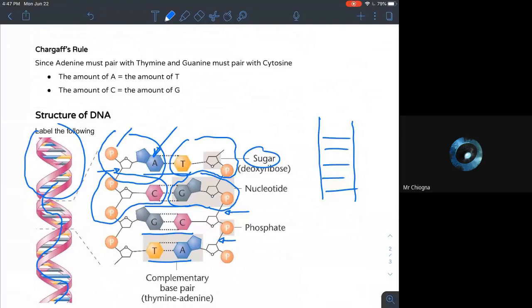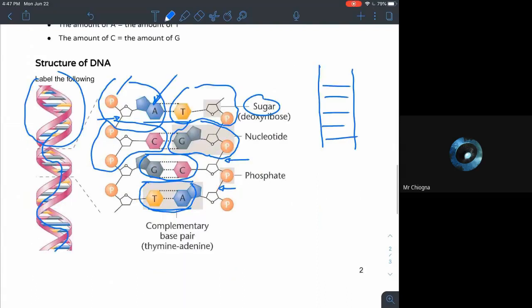T always combines with A, and G always combines with C. It doesn't matter which one comes first. You can have TA, you can have AT, both of which mean, when it's being deciphered, two completely different things. You can have GC or CG. So you have essentially a 4-letter alphabet.